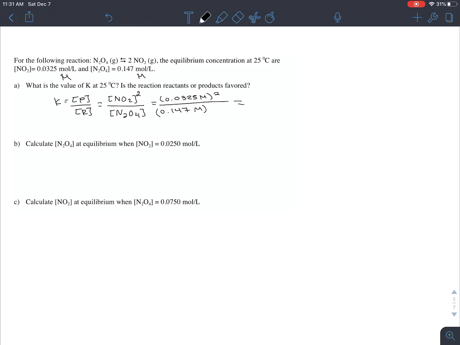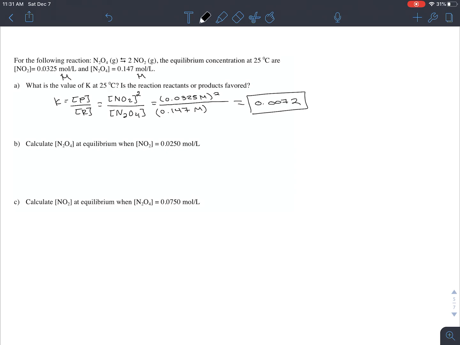And then that'll come out to be 0.0072. You want 2 sig figs because of the temperature, or even 3 because that's what you used. Either is fine. And your units would be what? Unitless. K is always unitless.